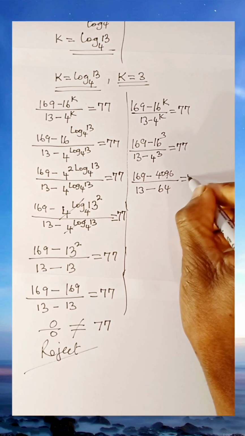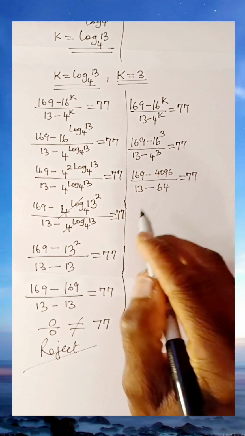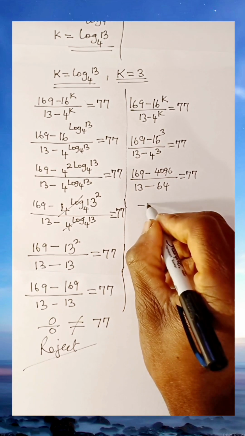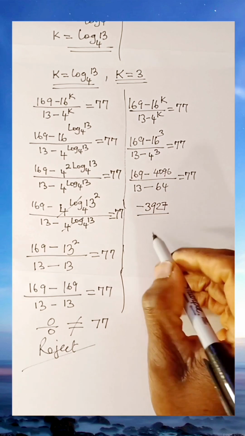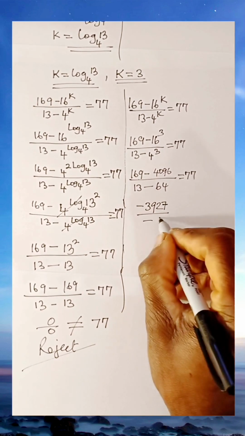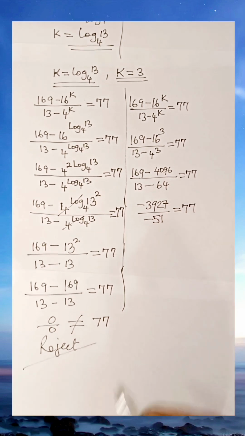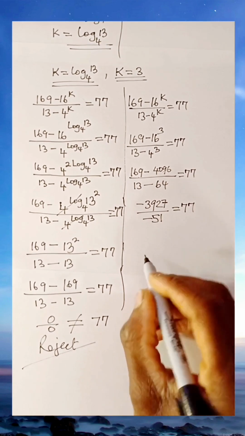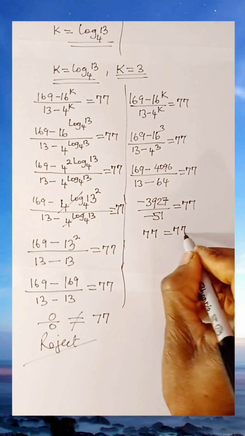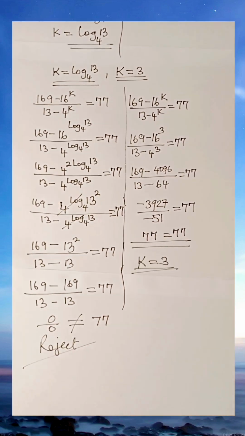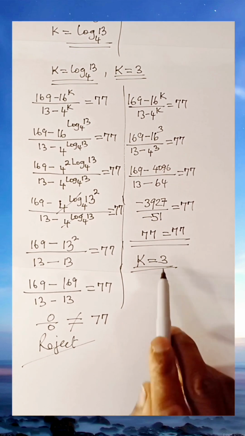And this should give us 77. 169 minus 4096 gives minus 3927, divided by 13 minus 64, which gives minus 51. This divided by this gives us 77, which is equal to 77. Since the left-hand side is equal to the right-hand side, this means that k is equal to 3.